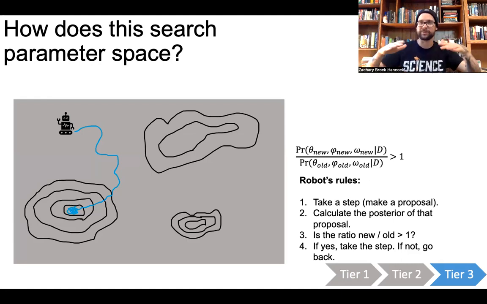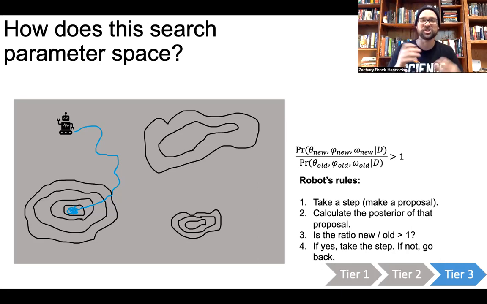Think of it topographically: there are valleys, hills, and mountains. We have some robot, and we want this robot to explore this parameter space, but it does it randomly and blindly. It doesn't know where it's going, it can't see anything, it's just stepping. What we want that robot to do is climb to the highest peak on this landscape, assuming it can't see where that highest peak is.